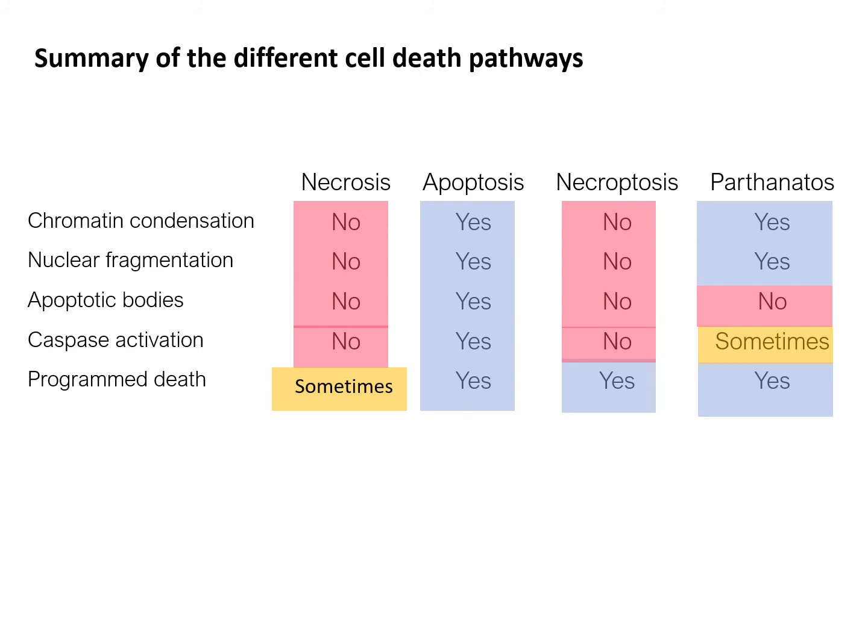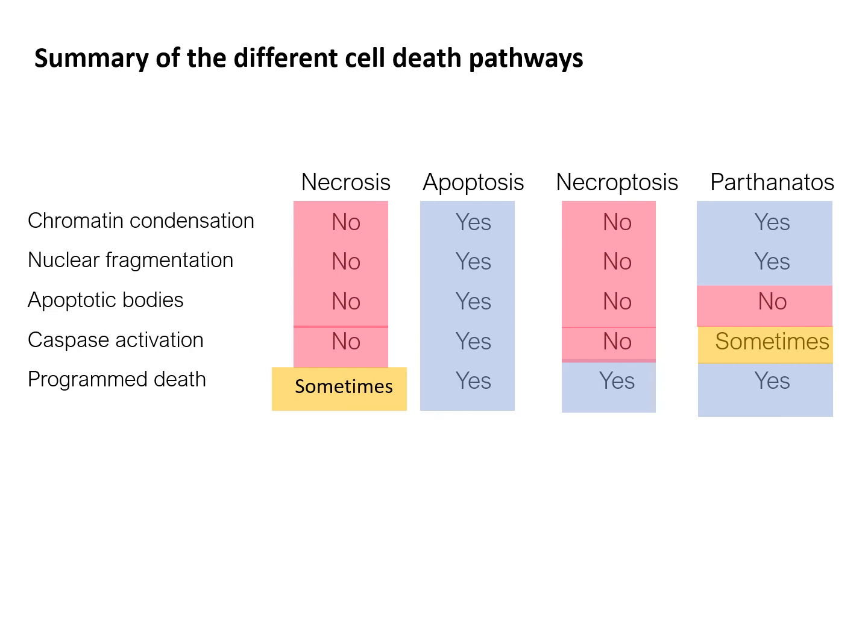One is chromatin condensation, nuclear fragmentation, apoptotic bodies, caspase activation, and whether or not they can be considered programmed death. For necrosis, all of these factors do not happen in this situation. And you can see sometimes, as I mentioned earlier, necrosis being classified as a non-programmed cell death pathway.